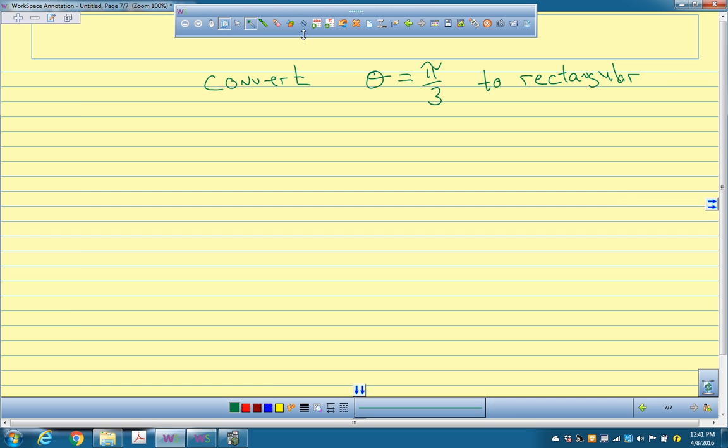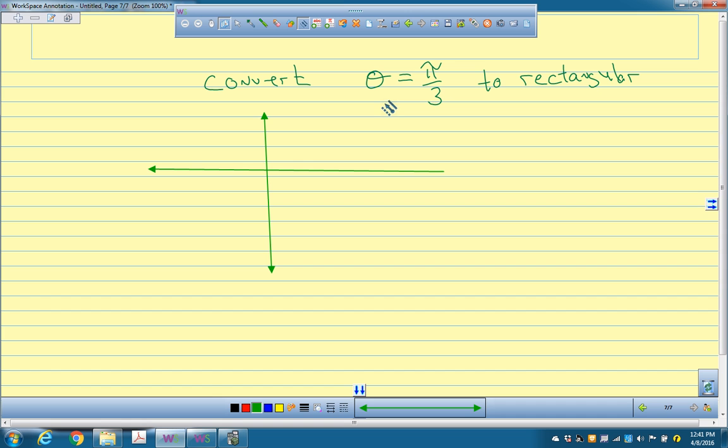So anyway, if I had one like this and I were graphing this, in polar form, what are all the points whose theta is equal to pi over 3 look like? If theta is always pi over 3, and r can be anything, what shape is it?